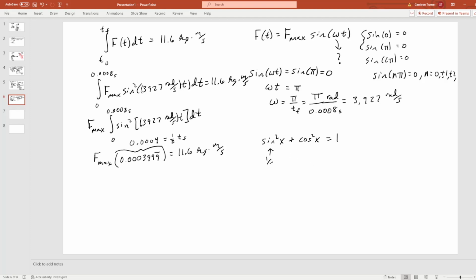This contributes 1/2, this contributes 1/2. So in terms of an integral, okay, if I go from 0 to t final, right, then because all of this is 1 anyway, this essentially becomes the integral of 0 to tf.